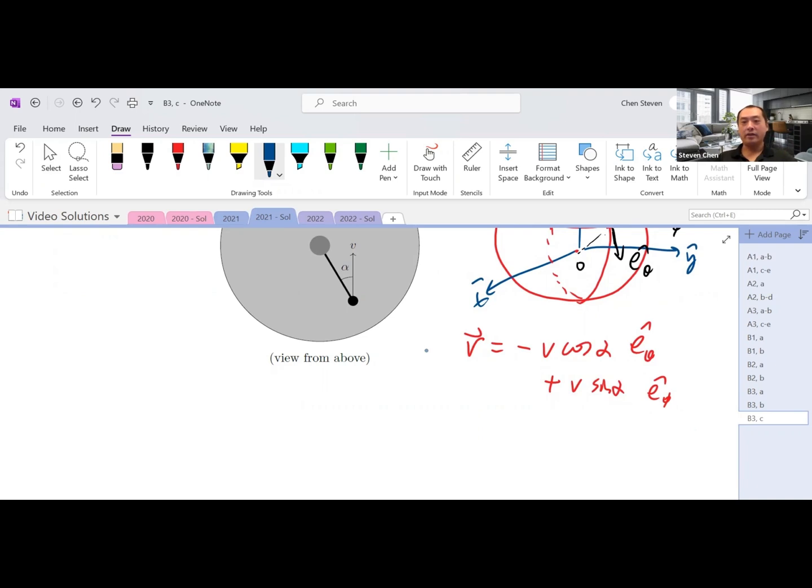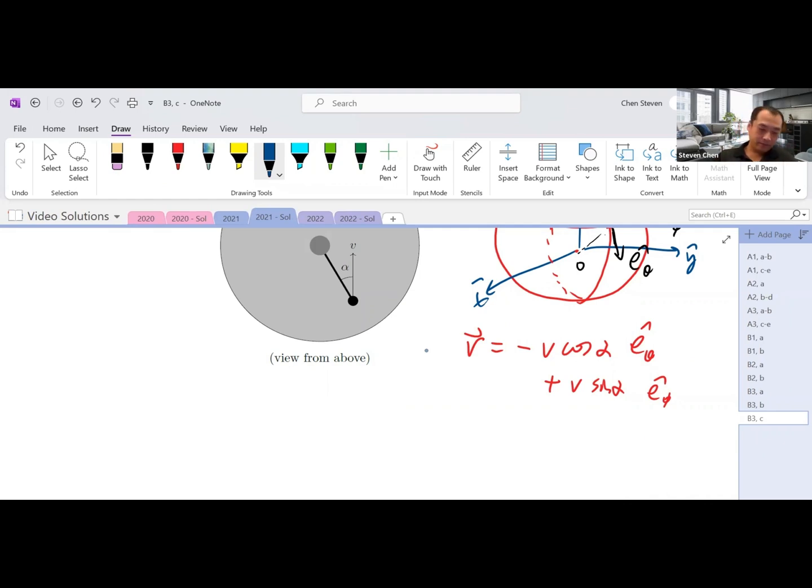Let's see why. Let's first compute the torque. Basically we can show that at any position on the sphere, if the torque doesn't have a z component, it implies that the z component of angular momentum is conserved.